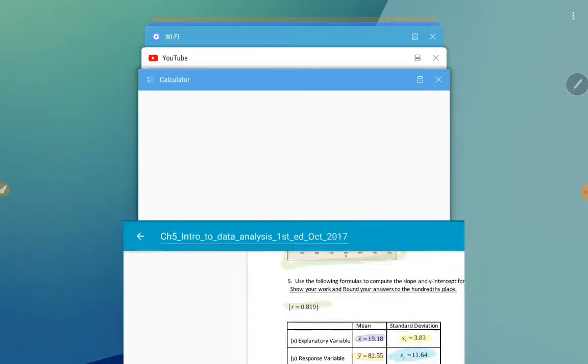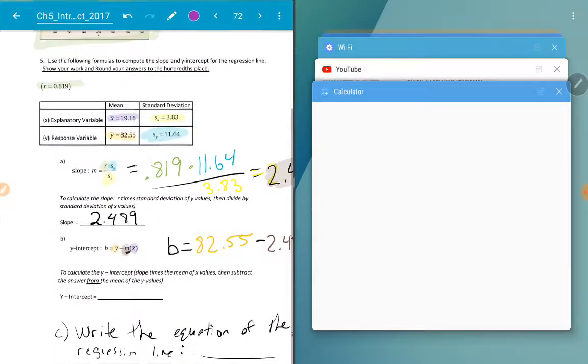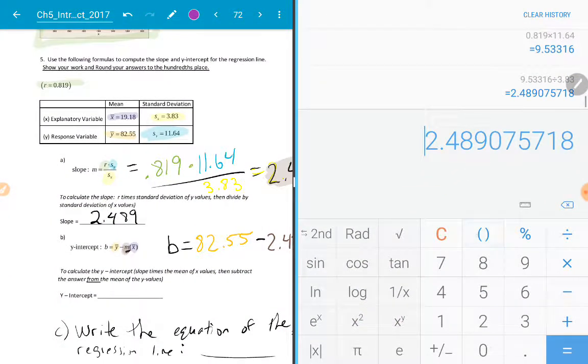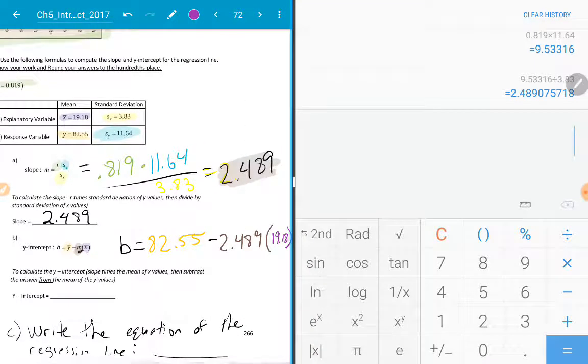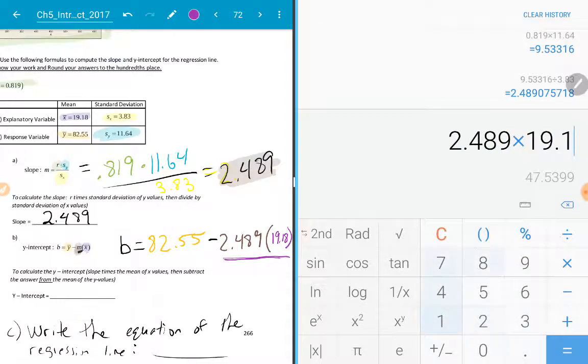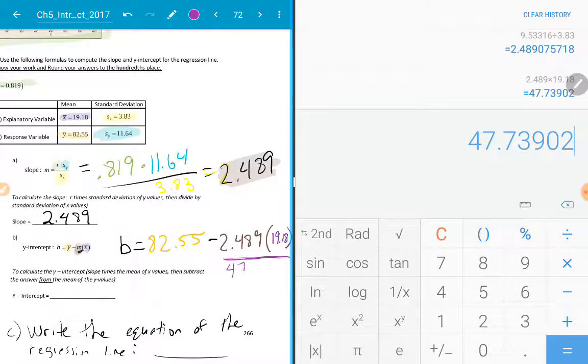And when I get my calculator out, I want to make sure that I do follow the order of operations. So do the multiplication first. So that's 2.489 times 19.18, and I get 47.73902.